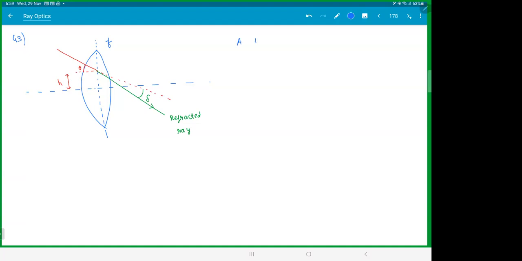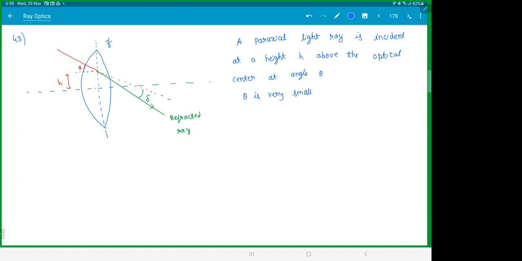So a paraxial light ray, paraxial meaning it's pretty close to the principal axis, is incident at a height h above the optical center at angle theta. Theta is very small. Find deviation.